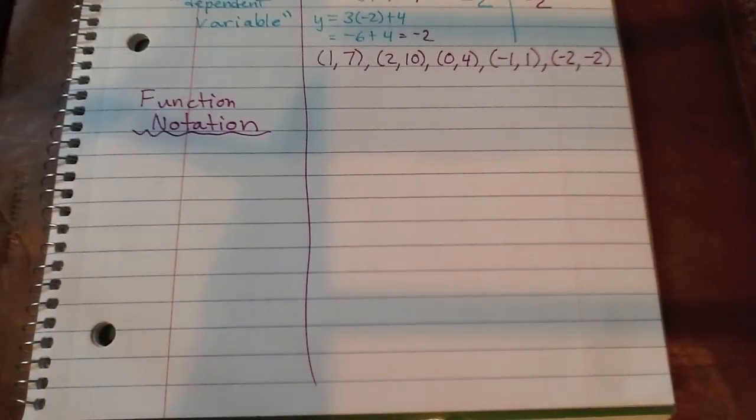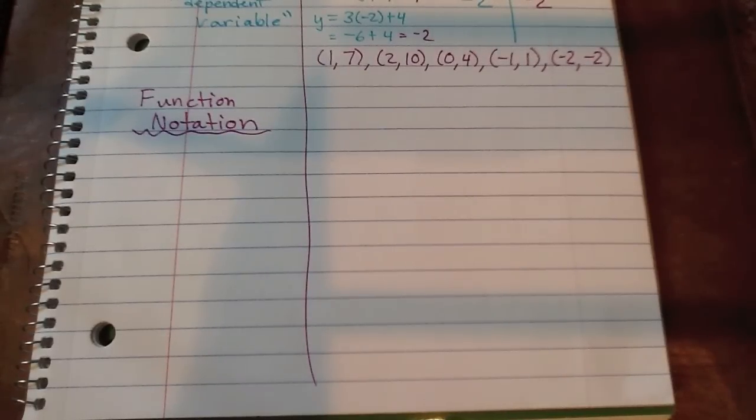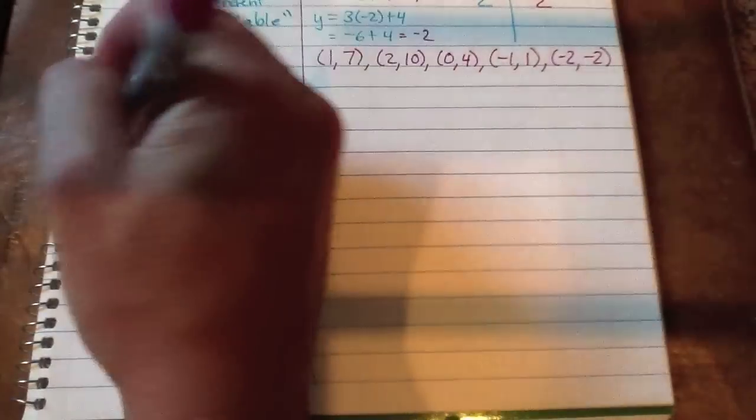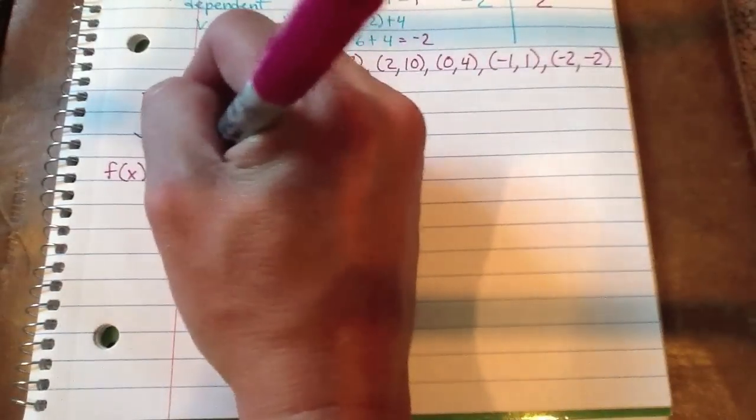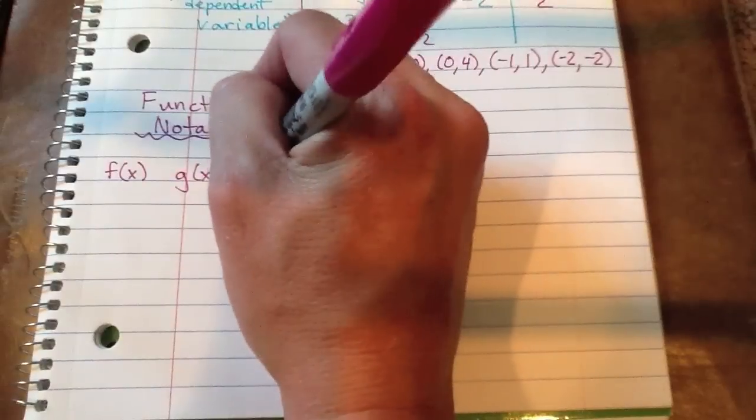There's something you're going to see called function notation this year a lot, and it's really just another way of representing your dependent variable. So don't overthink these, don't try to solve for them. You're actually treating them like they are a y. And what you're going to see is something that looks like f of x, sometimes it's g of x, sometimes it's h of x.